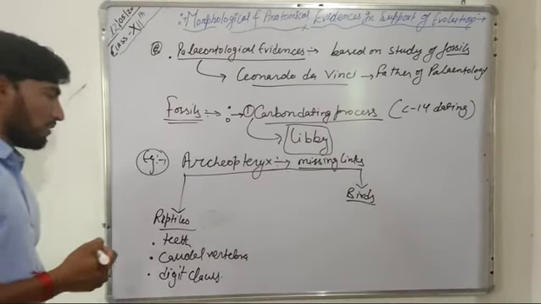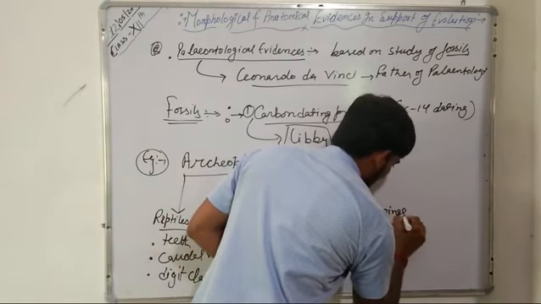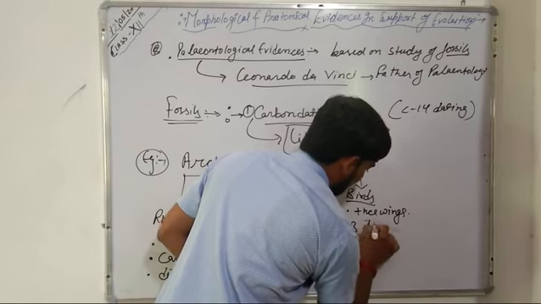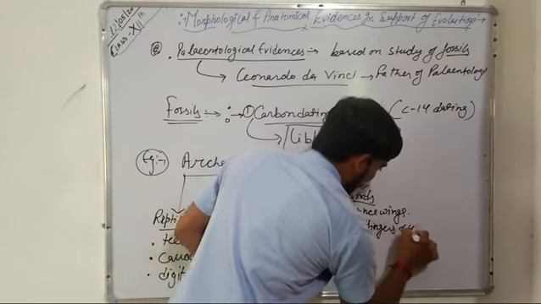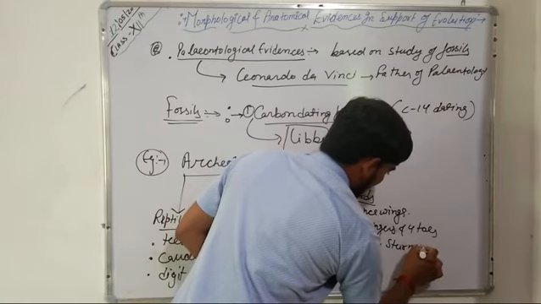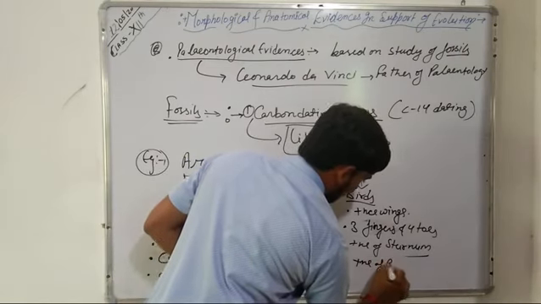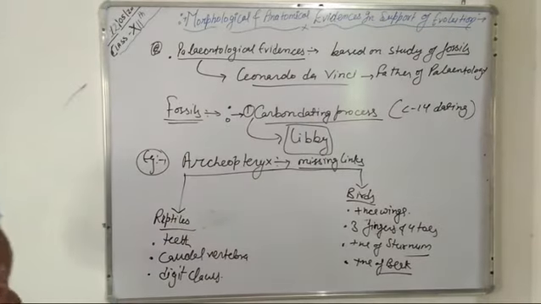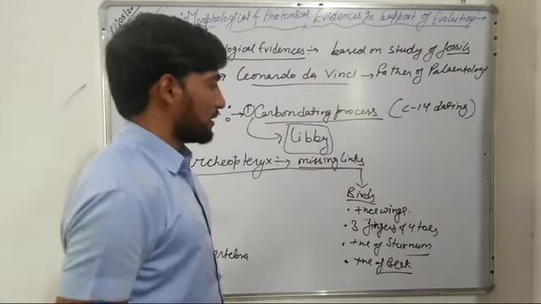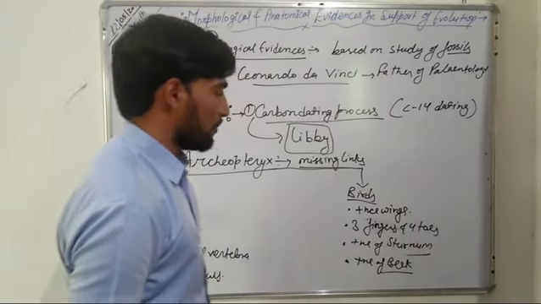And the characteristics of birds present in Archaeopteryx are the presence of wings, three fingers and four toes, the sternum, which is a bone, and the presence of a beak.